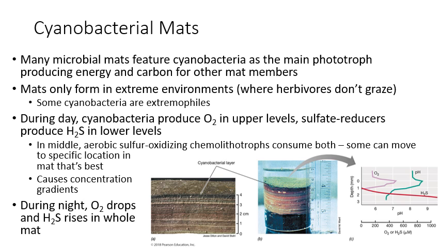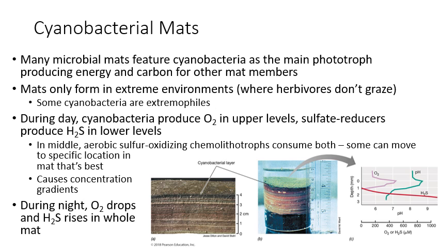So it's possible for these cyanobacterial mats to form in extreme environments because some species of cyanobacteria are extremophiles that can tolerate really high heat or extreme pH. And in these types of environments, where you have weird pH or really high heat, like by a hot spring, that's where you would find these mats.